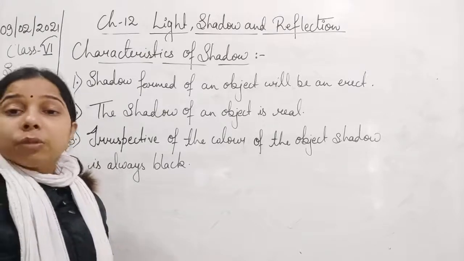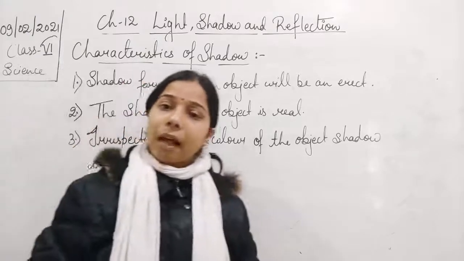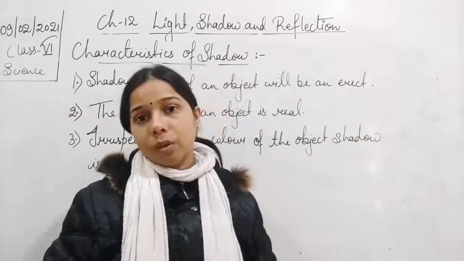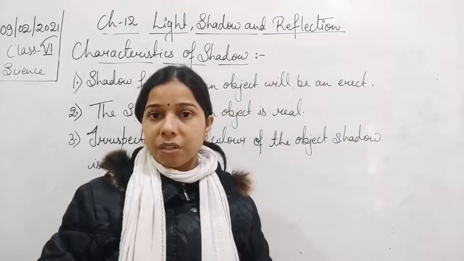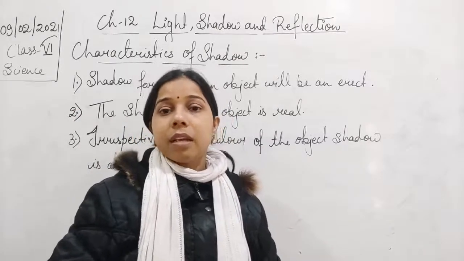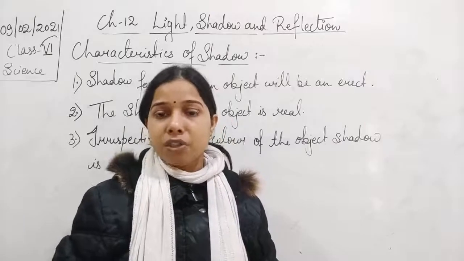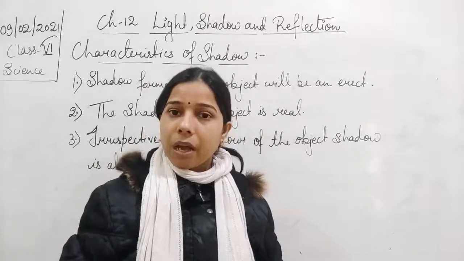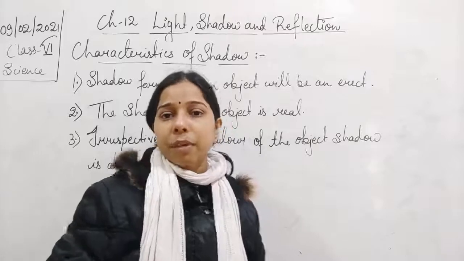Now the shadow obtained can be smaller, equal, or larger. We will see that when the sun rises, shadow will be large. When the sun sets, shadow will be large, and otherwise it will be smaller or equal.